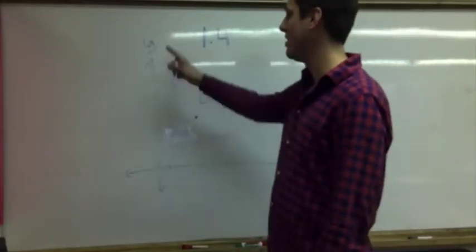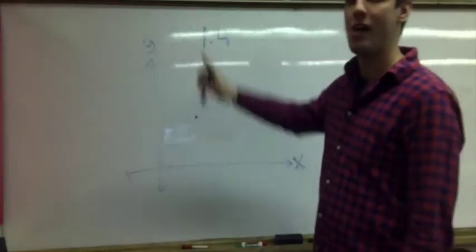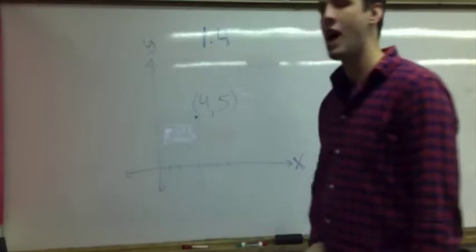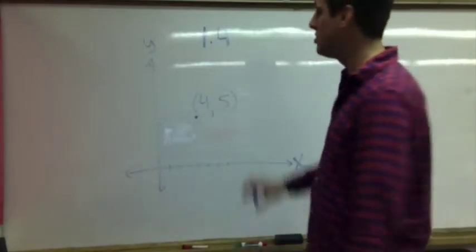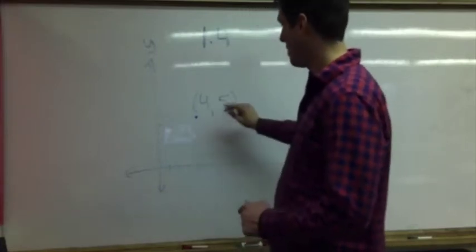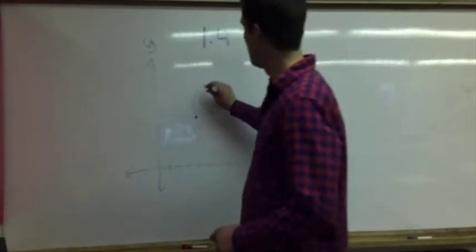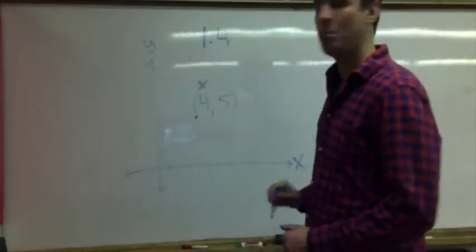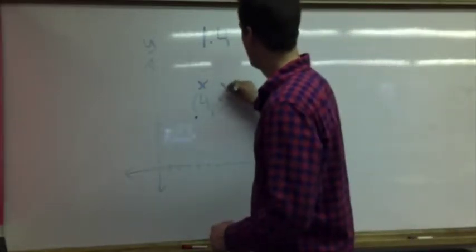And your y coordinate is 5 because you go up 5 on the y. And we put it into this format where we have a comma in between them. So whenever you see a coordinate pair like this, you should know that the first number is your x value, and the second number is your y value.